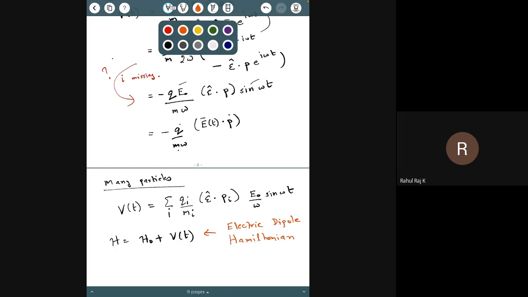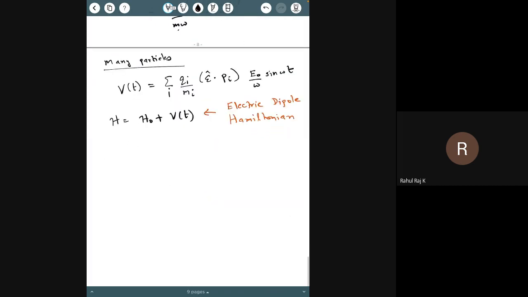Now, why it is called so is because of this term, sum Qi Ri. Okay, we'll come to that.